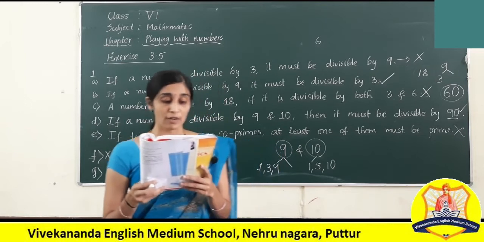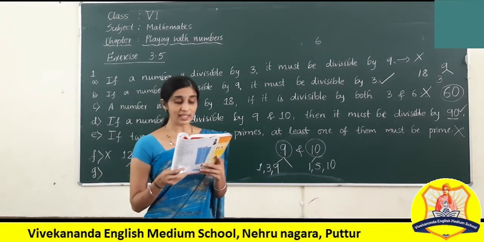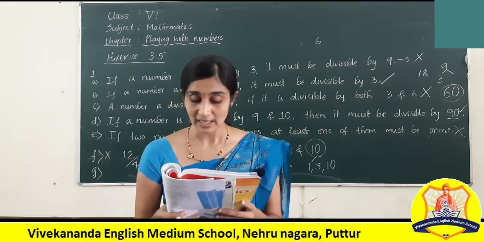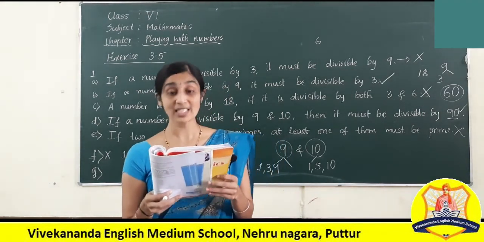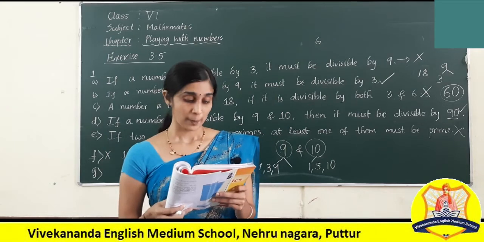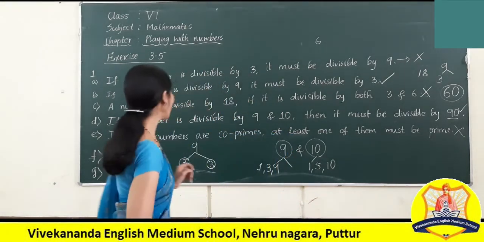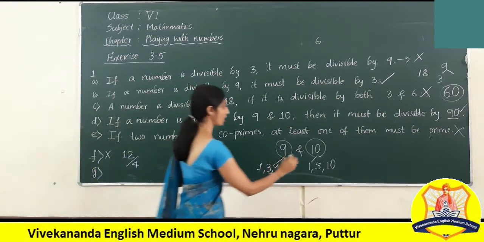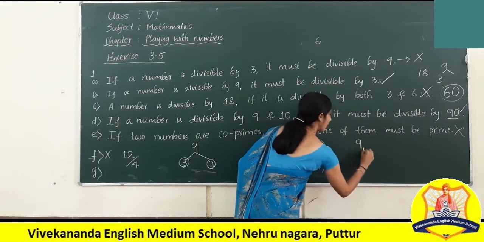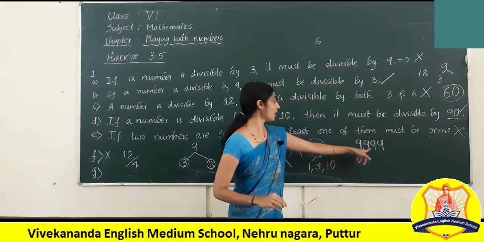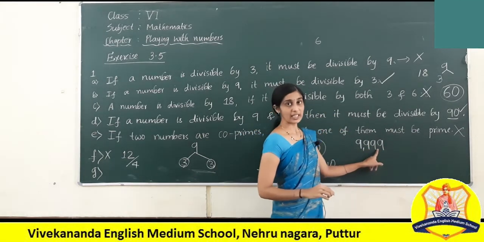Okay, next, fourth question. Write the greatest 4-digit number and express it in terms of its prime factors. So, which is the greatest 4-digit number, children? The greatest 4-digit number is 9999.